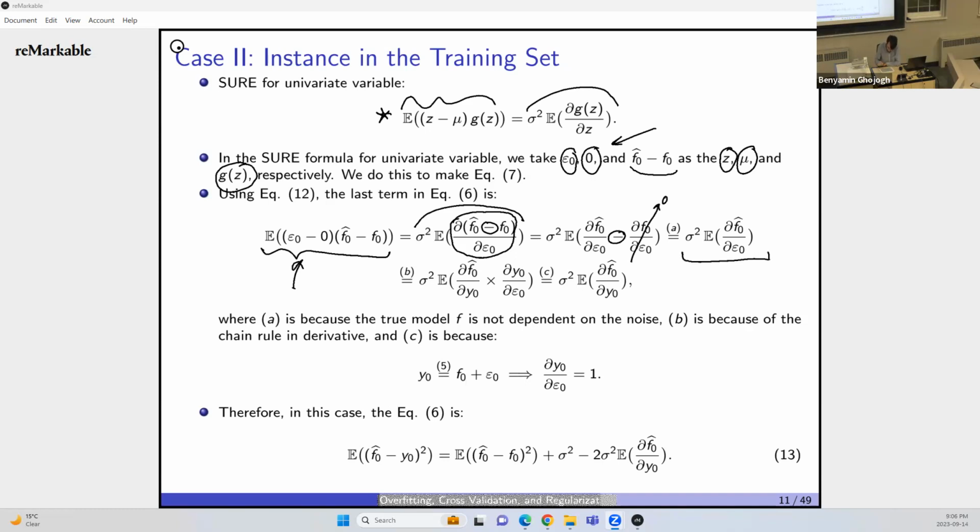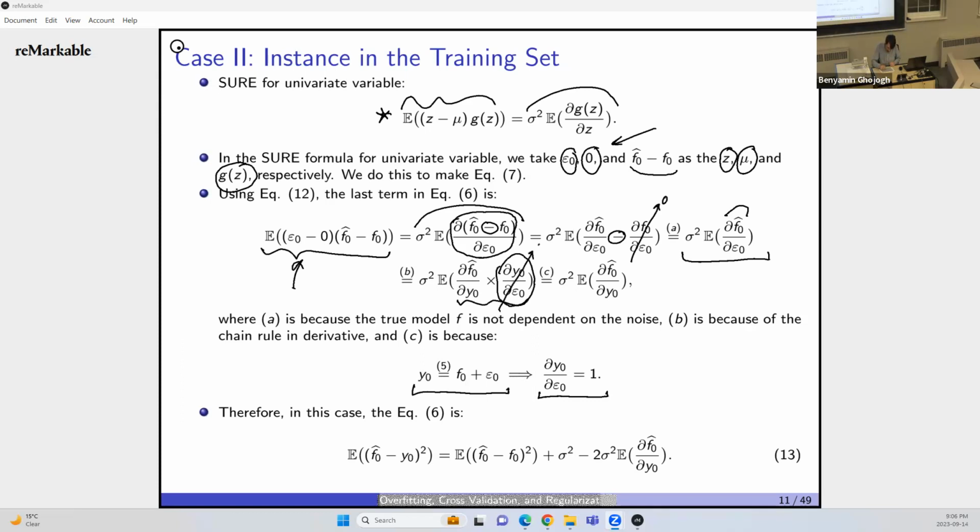Now we do the chain rule. Do you see, we are using the preliminaries a lot. So chain rule: derivative of f0 hat with respect to y0 times derivative of y0 with respect to epsilon 0. Now, what is derivative of y0 with respect to epsilon 0? Remember, y0 was f0 plus epsilon 0. So its derivative with respect to epsilon 0 is 1.